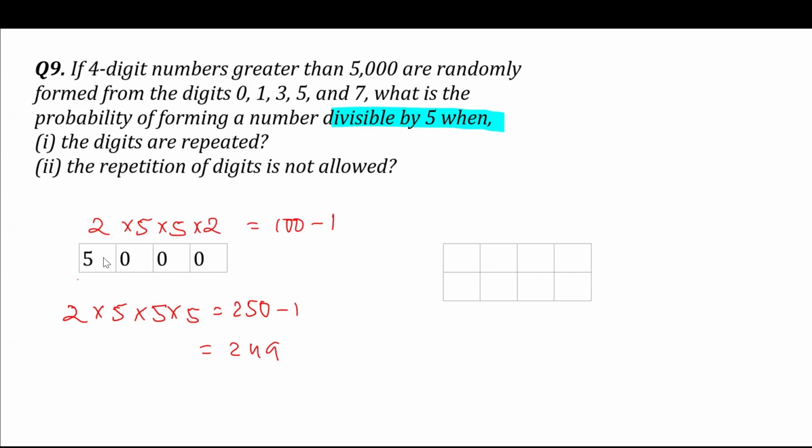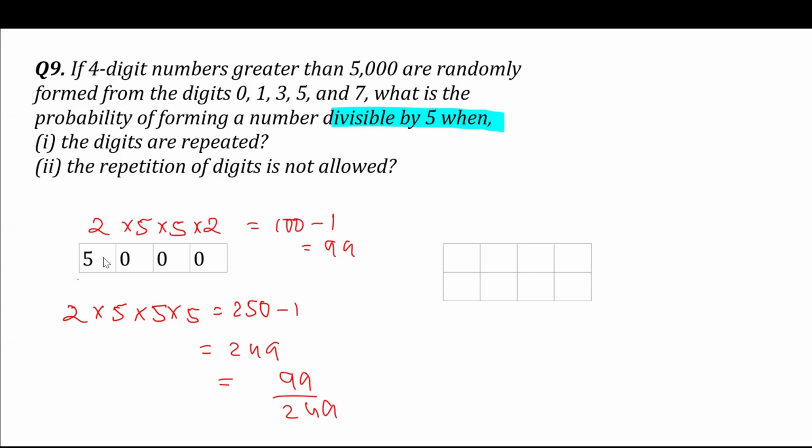So we have to remove this. Now we can say there are 99 such numbers. So the required probability will be 99 over 249.